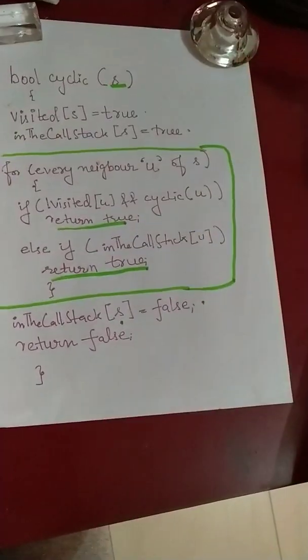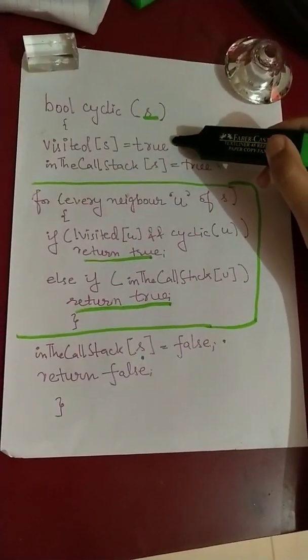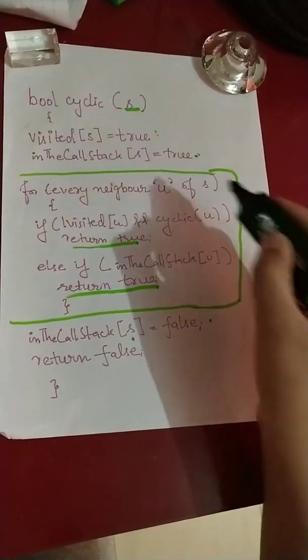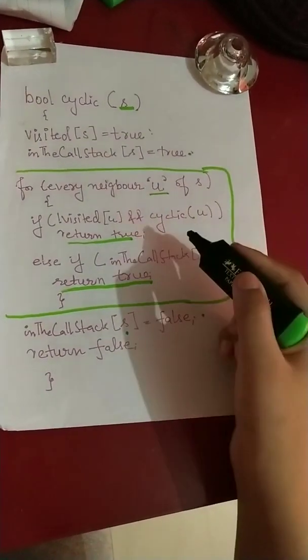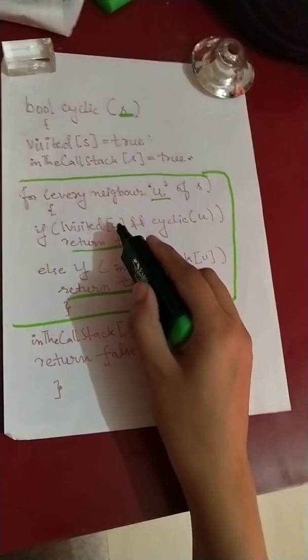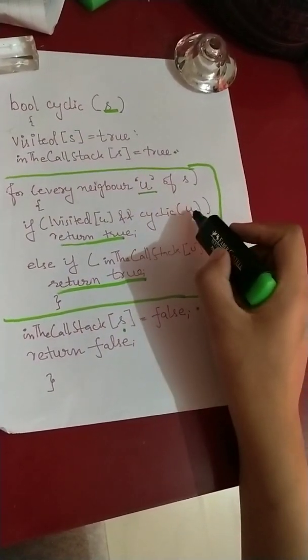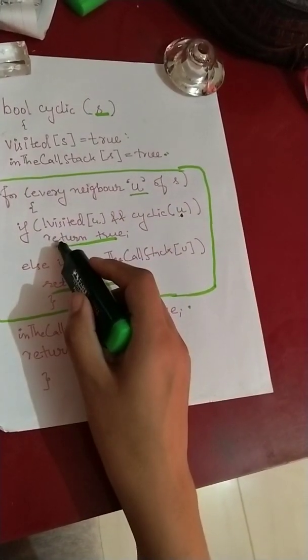So let's look at the code. S is marked as visited and we put it in the call stack. Now we explore every neighbor of S, let's call it U. If u has not been visited and the cyclic function returns true when we start exploring from u, then we return true for the current call.